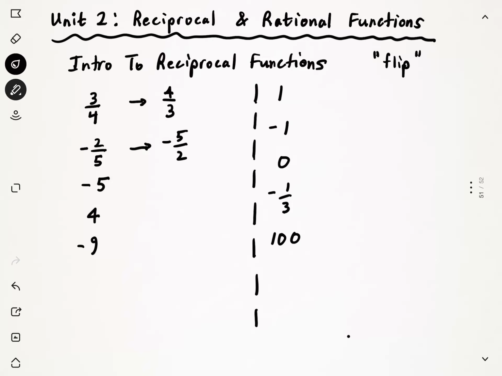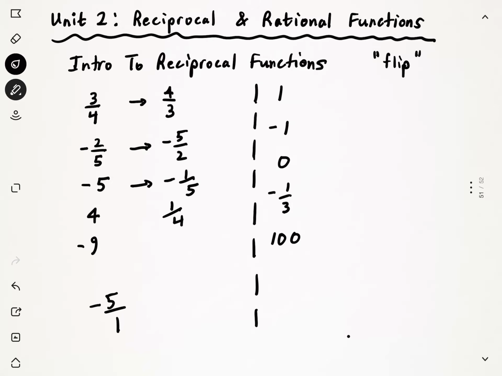And then you see some whole numbers here. Just remember that if you have something like a negative 5, it's really negative 5 over 1. Any whole number, any integer, is really itself over 1. So if we go to flip that, you're really getting negative 1 over 5. And whether the negative goes on top of the fraction, on the bottom, or in the middle, it all means the same thing.